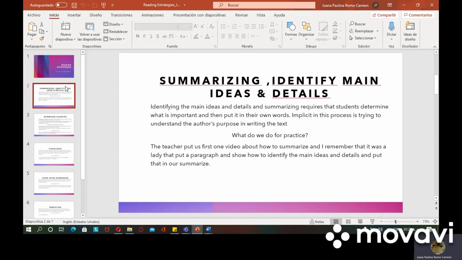It was a lady who gave us a paragraph and showed how to identify the main ideas and details and put them in our summary. We had a paragraph and we tried to identify its main ideas, and what we can say about that, we put it in a summary. That's how I learned this, and it was pretty easy.